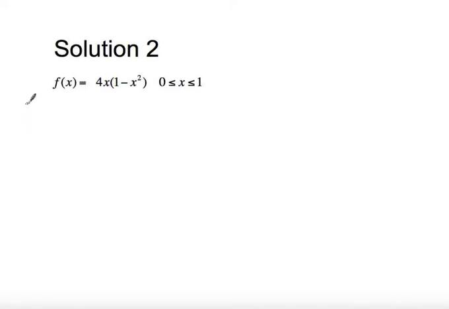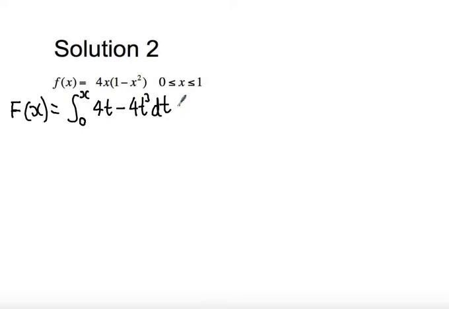So starting off, if you remember, F of x is found by integrating our function written in terms of t, and we integrate between the lower bound, which is 0, and x, which will help us create a function. So instead of writing this as 4x times 1 minus x squared, we're going to write this as 4t times 1, which is 4t, minus 4t times t squared, which is 4t cubed.